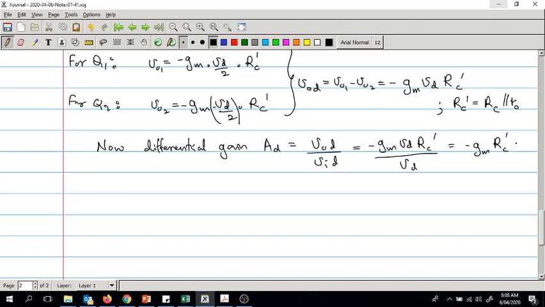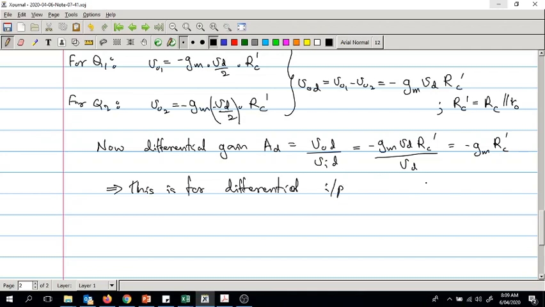So now that's for the differential input, the differential mode signal, right? So this is for differential input.